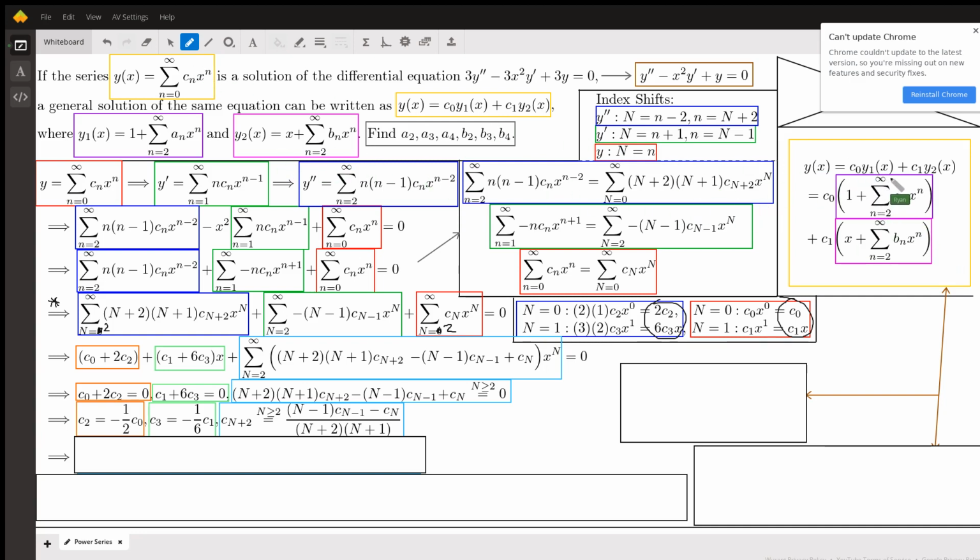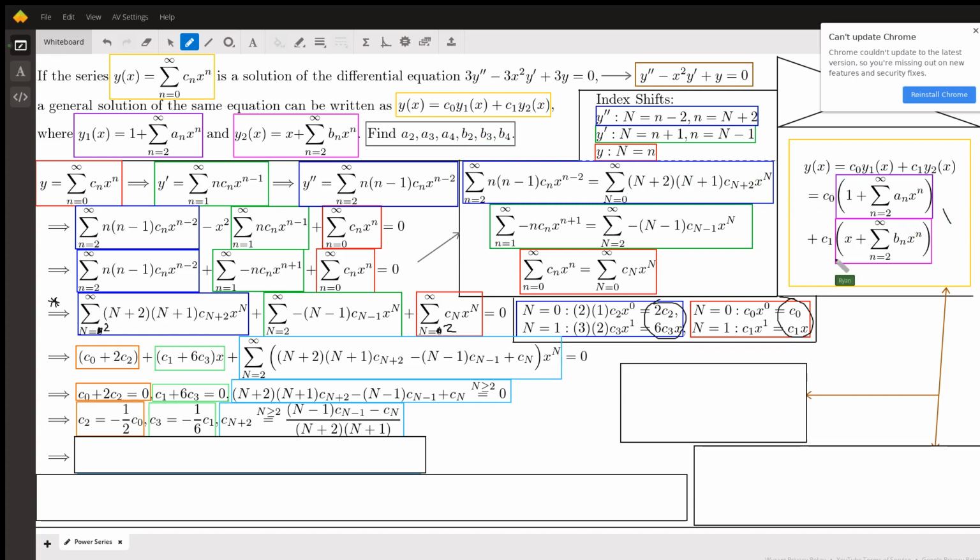You'll notice that since these only start from n equals 2 onwards, finding A2, 3, and 4 and B2, 3, and 4 only requires us to look at the coefficients of x up to x to the 4th. Anything bigger than that, and we'd be looking at A5s, B5s, and so forth.